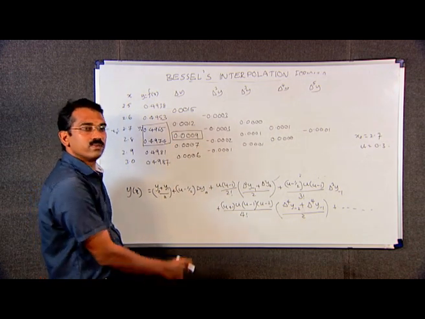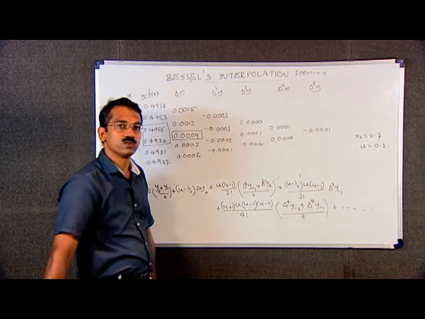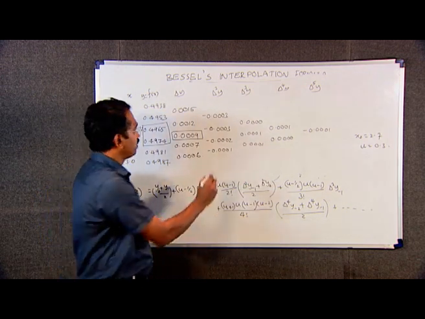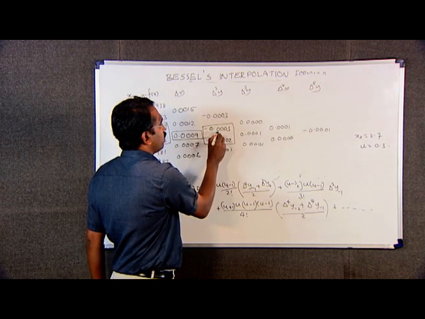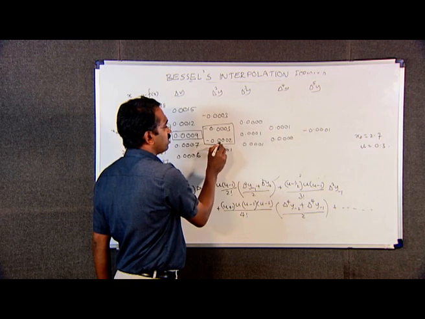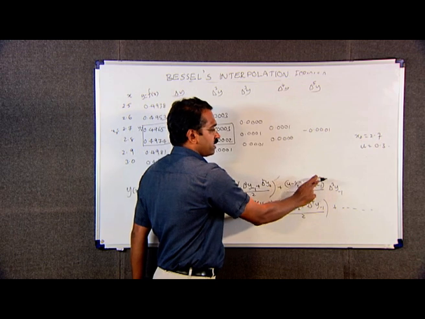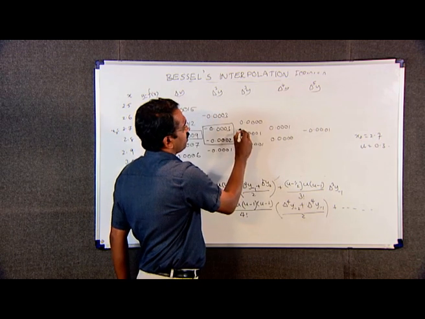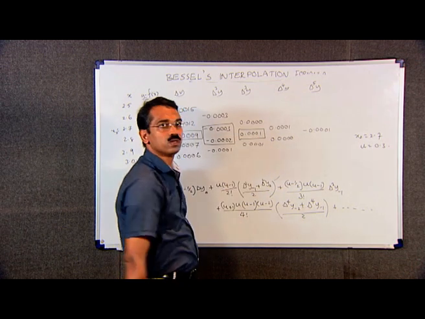In the next term, delta square y minus 1 and delta square y naught are minus 0.0003 and minus 0.0002. In the next term, delta cube y minus 1 is 0.0001.